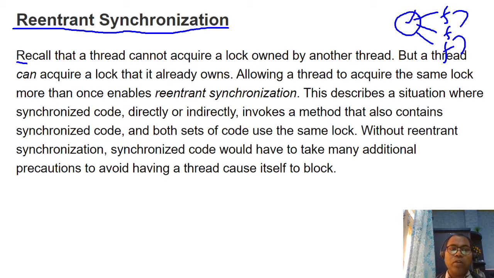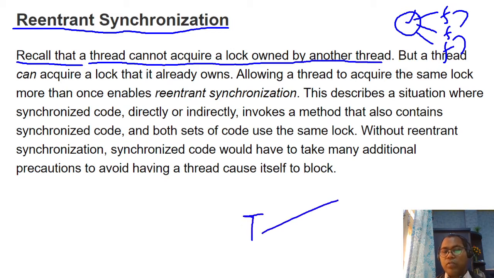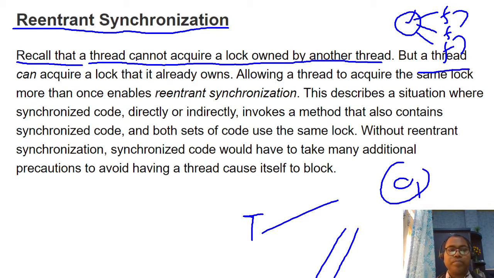Recall that a thread cannot acquire a lock owned by another thread. So if thread 1 acquires the lock of object 1, no other thread can acquire the lock of object 1, but a thread can acquire a lock that it already owns.